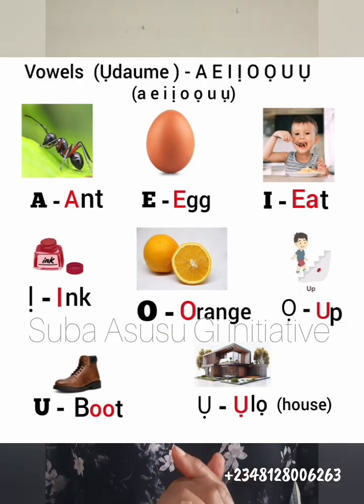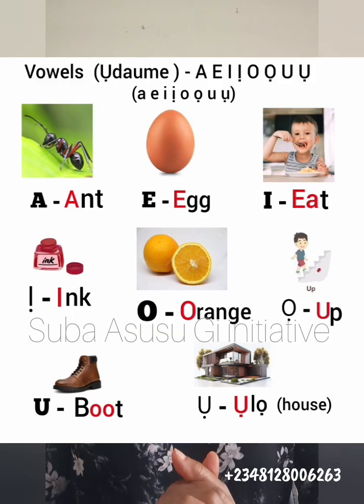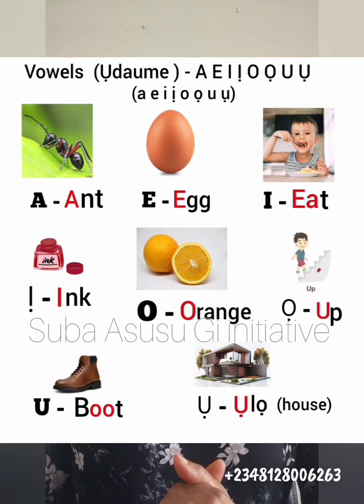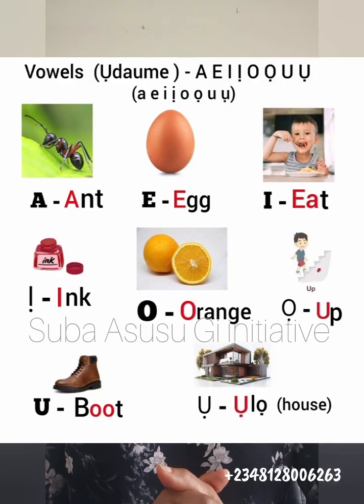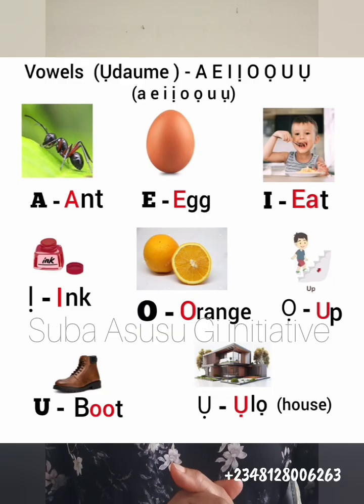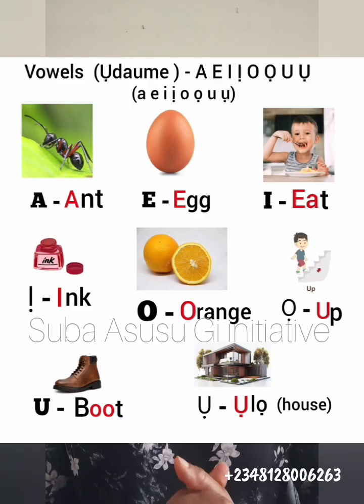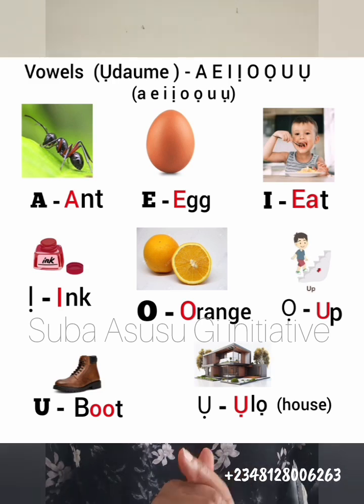The first Igbo vowel is A. Second one is E. Third one is E. Fourth one is I. The next one is O. The next one is O. Next one, U. And finally, O. And there you have it, your 8 vowels.